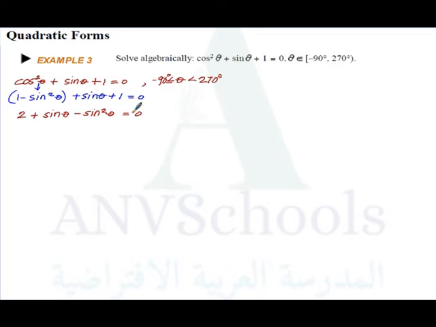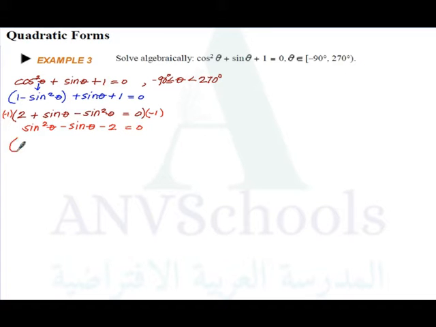Now we multiply both sides by negative 1 to express this entire equation from the greatest exponent to the least exponent, so that we will have sine squared of theta minus sine of theta minus 2 is equal to 0.